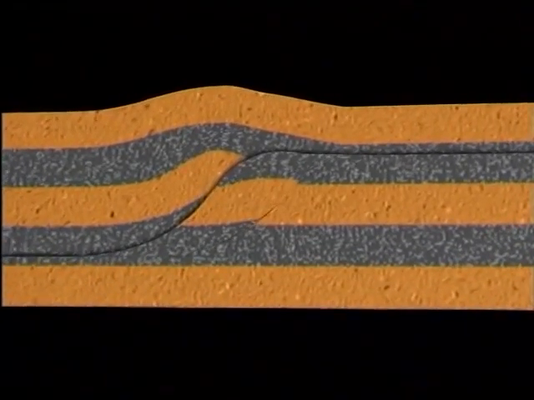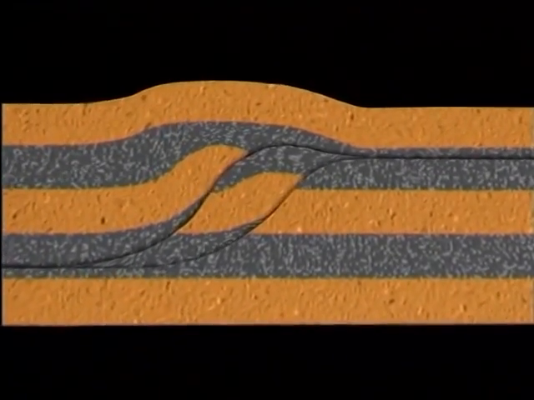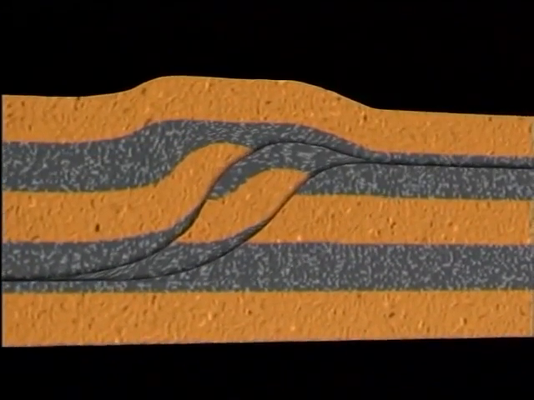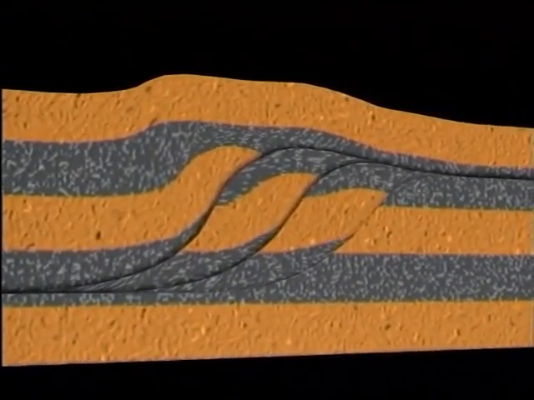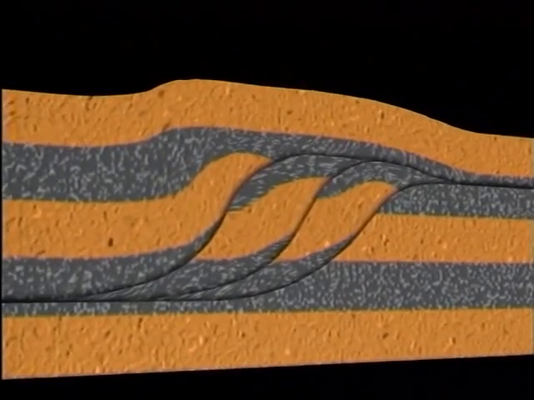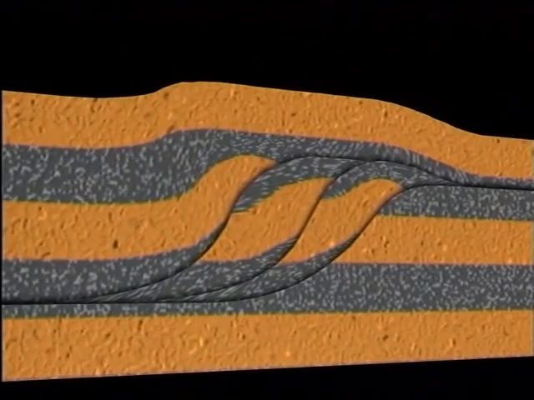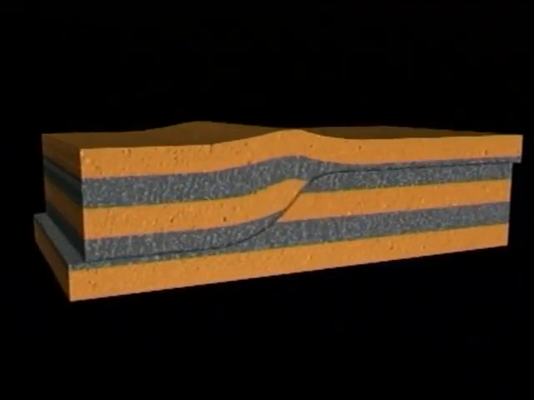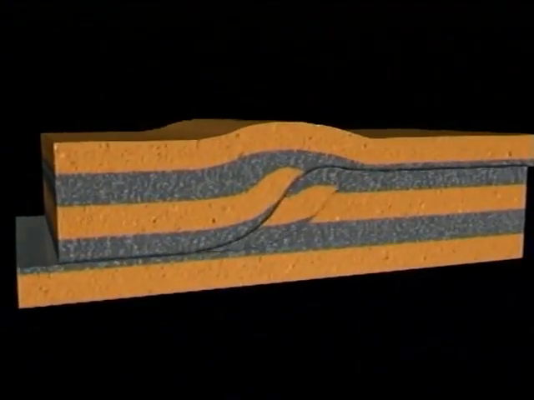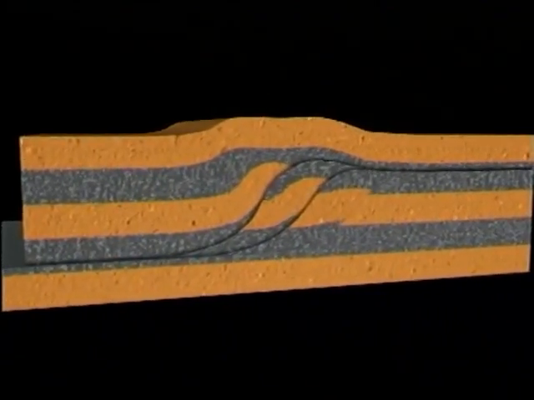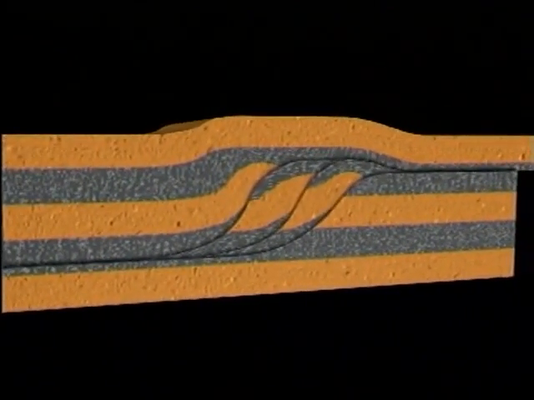When the new ramp forms, the movement on the old one stops. Part of the old footwall becomes incorporated into the hanging wall and therefore starts to deform. Continuous movement of the hanging wall block is accommodated by a cycle of ramp formation, vertical thickening and shortening, folding, and then new ramp formation.